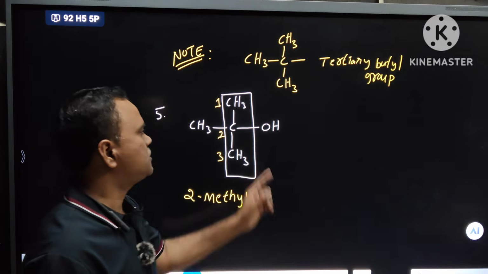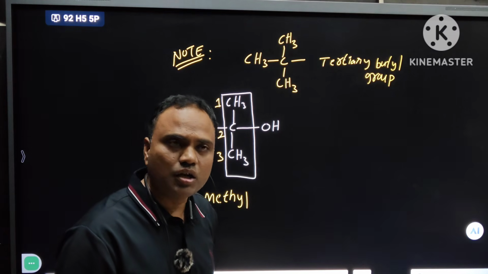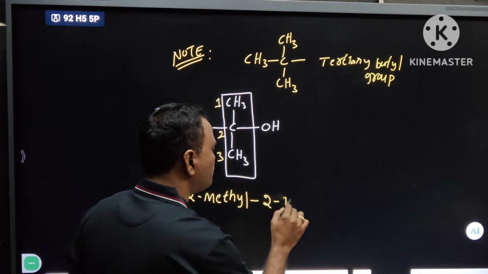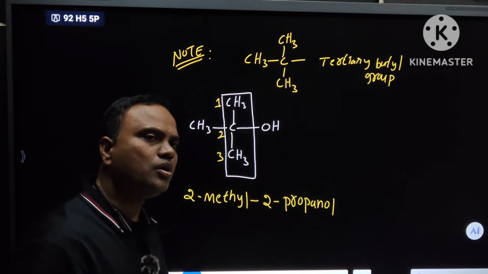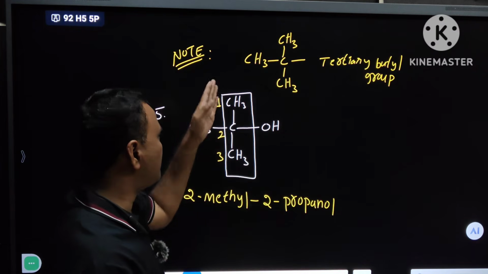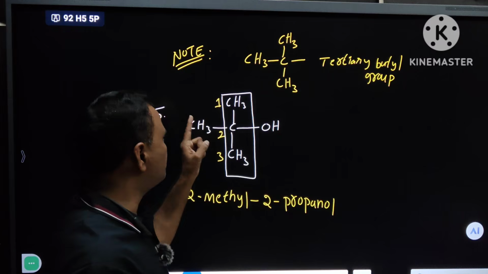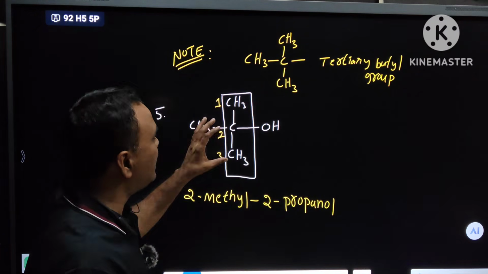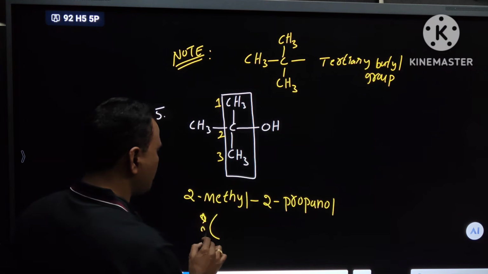Now tell me, at which position is the alcohol functional group present? The alcohol functional group is at 2. So 2-methyl-2-propanol. Why are we calling it propanol? Because in the main chain 3 carbons are there. Propanol. So 2-methyl-2-propanol, and it is commonly called, common names are very important.